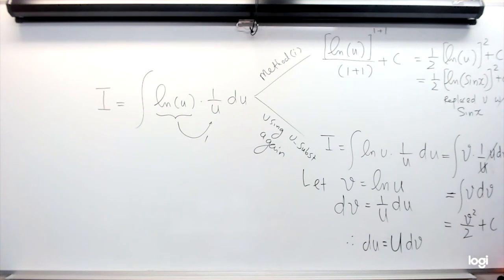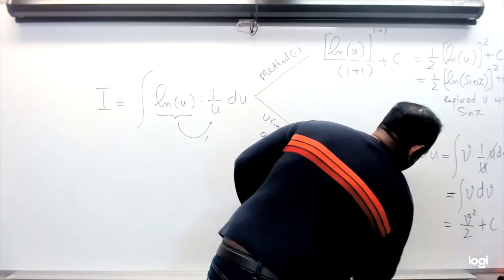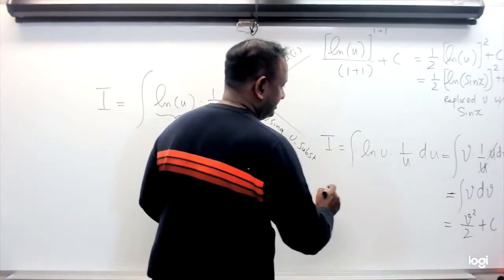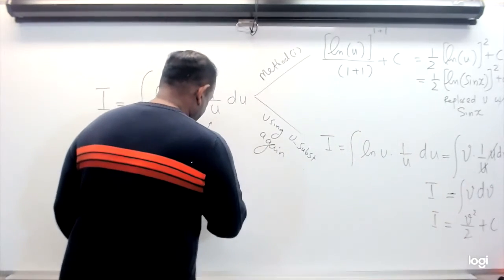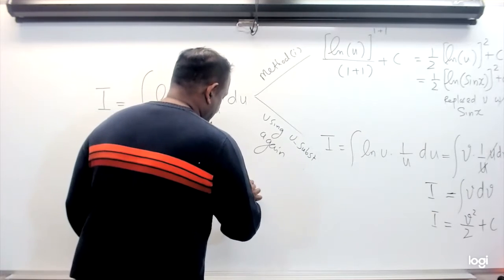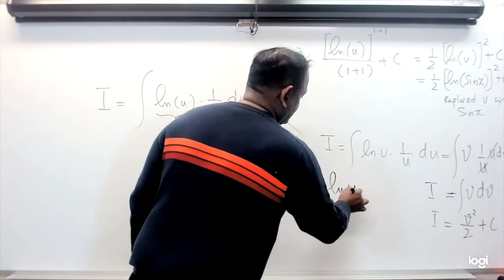Now you can replace v. This is I. Now you can say replace v with ln u.